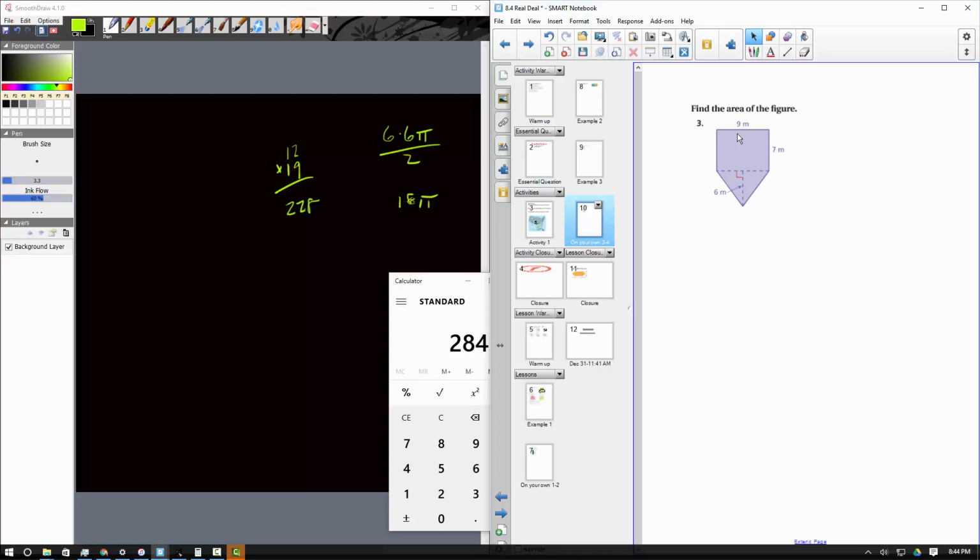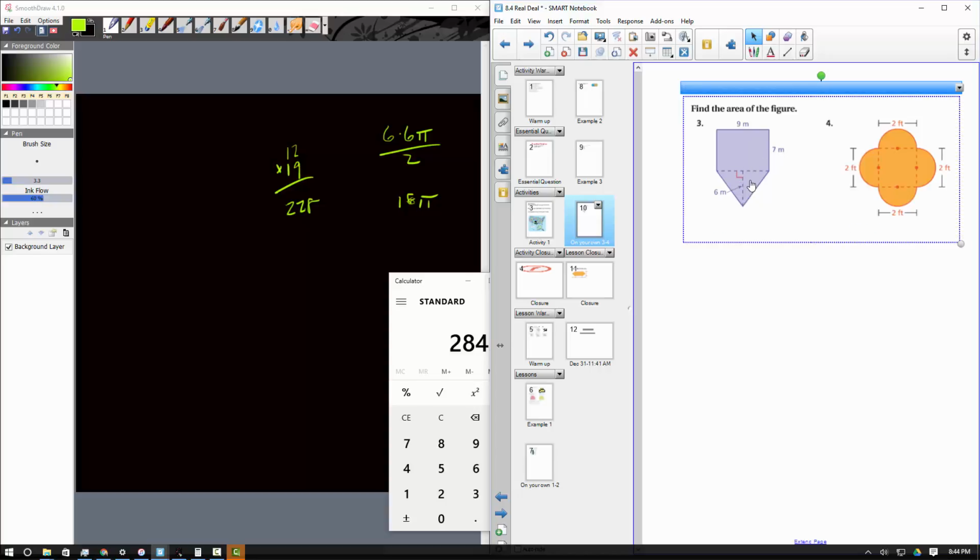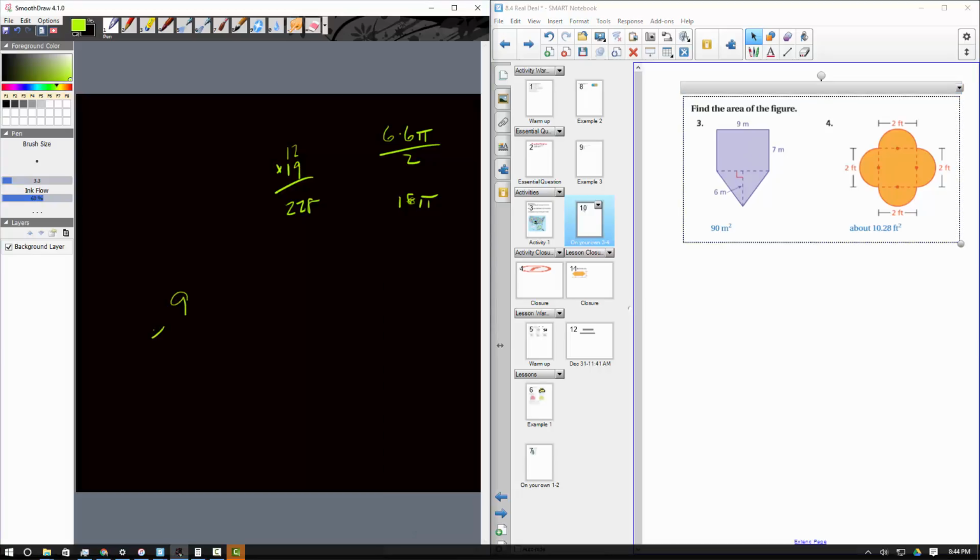This is the last one I want to do. Well, actually, the second to last one. So I'll figure out this. This is going to be 63 plus 54, well, just 54, right? So 63 plus 54. I think I might have messed up. Let's do this one actually. So 9 times 7 equals 63.